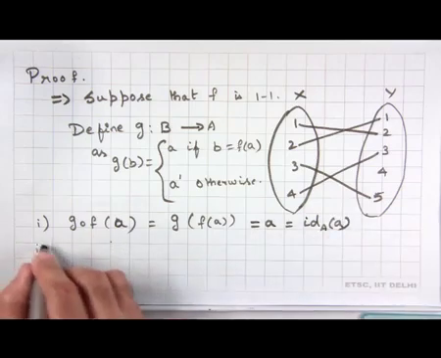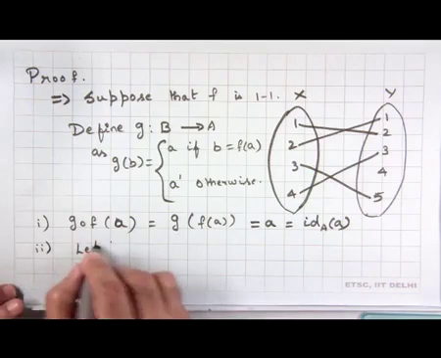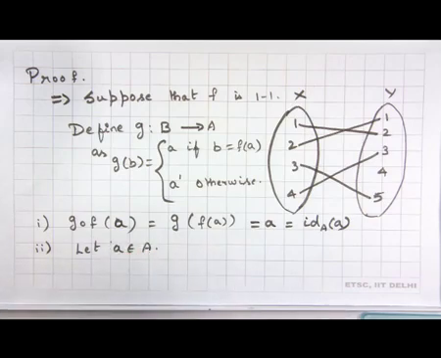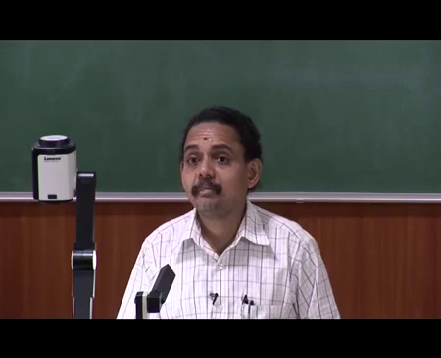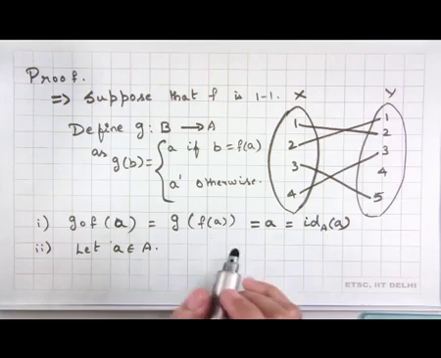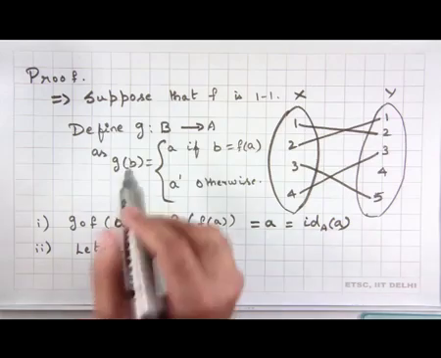Second one, ontoness. This g is onto. Let a belong to capital A. I will have to produce an element b in capital B such that g of b is a. But whenever I have an a in A, f of a will be mapped to a by definition of g.